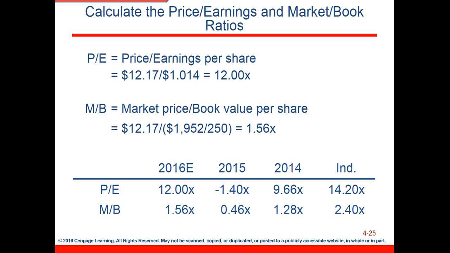It's still below the average, but the market is reacting fairly positively. If we look at the market value divided by book value, the same story is there. We are seeing that the market is reacting in a positive way, but the company's market value divided by book value is still below the industry average.